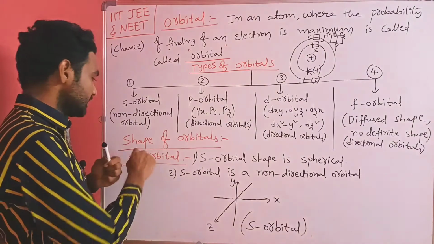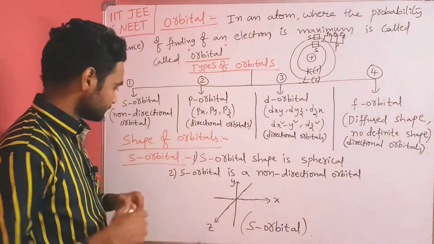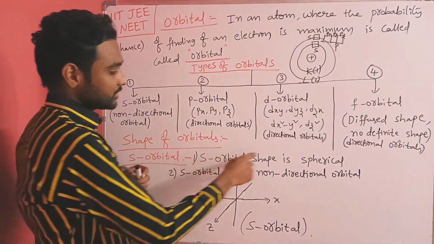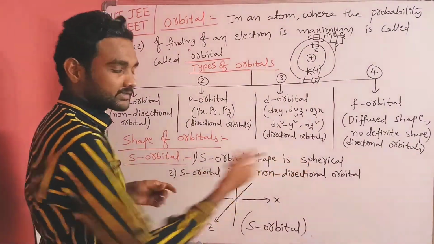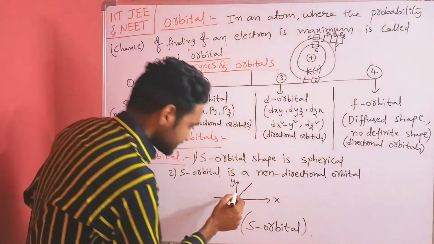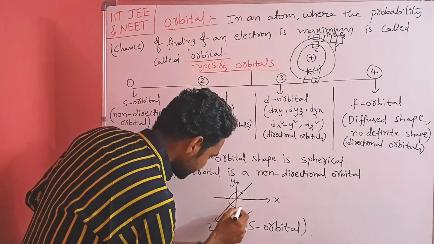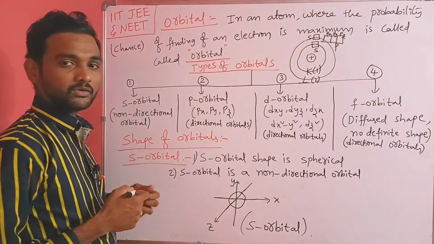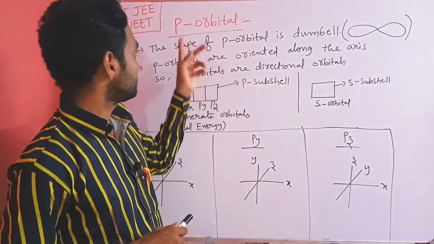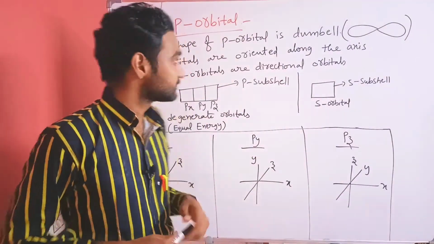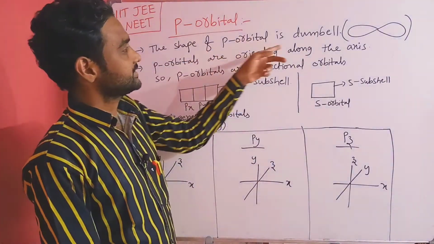Now let me discuss the shapes of orbitals. The s orbital is a non-directional orbital, we already know. What is the shape of the s orbital? It is spherical. Now let me discuss the p orbital. The shape of the p orbital is dumbbell.